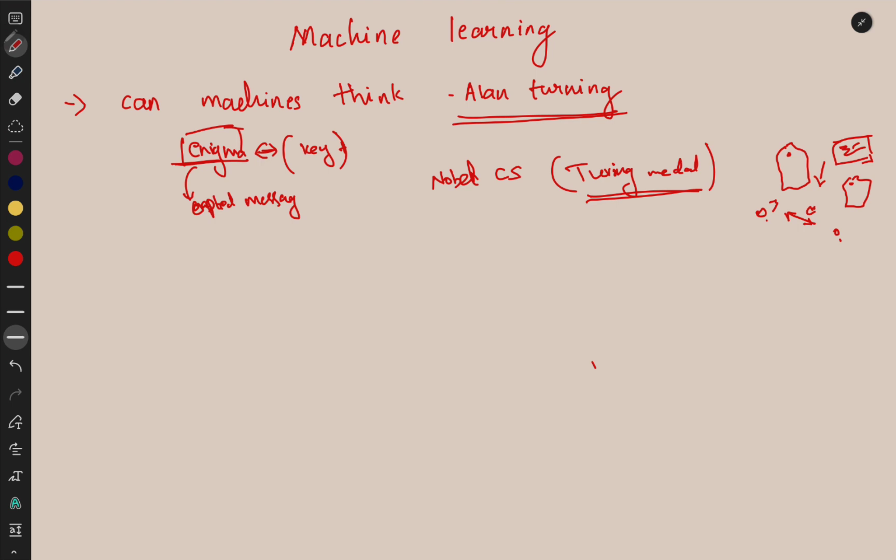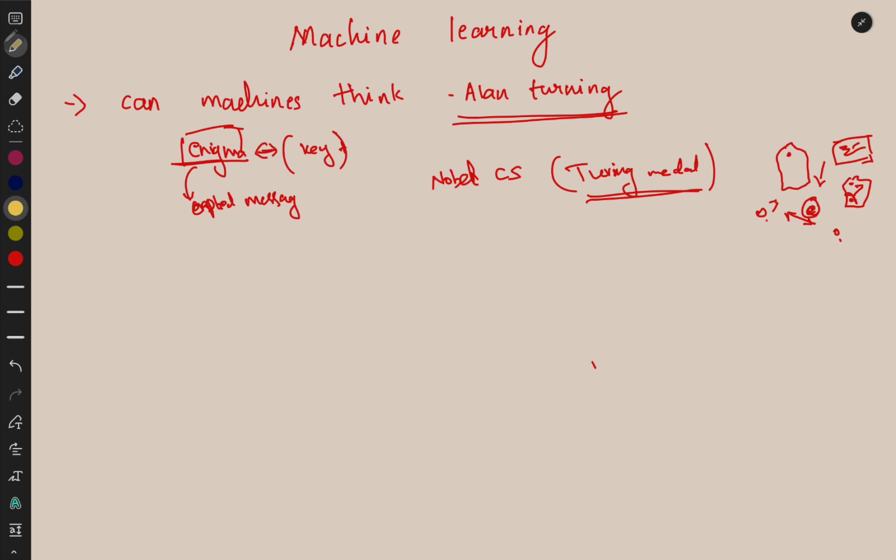I don't know the exact number, but he saved many people. How he saved them is that the message used to be there, he decrypted it, and he knew the next attack was going to be at this place. So people used to vacate this place. In this way, he saved many lives.